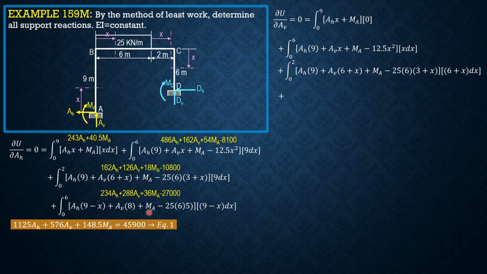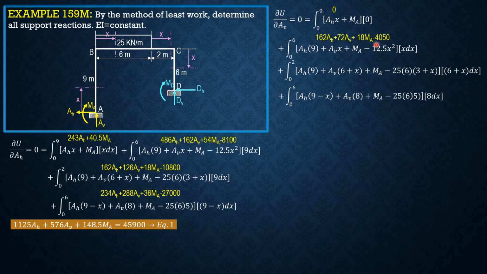For the last integral, copy. And then replace this by 8 dx. So times 8 dx. So the value of the first integral is of course 0. For this second integral here is 162 AH plus 72 AV plus 18 MA minus 4050.